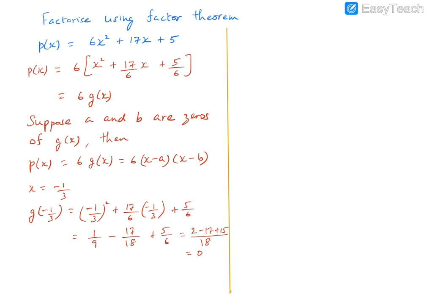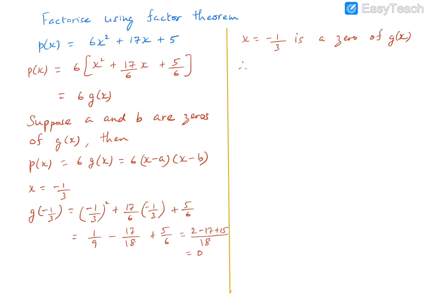So therefore x equal to minus 1 by 3, minus 1 over 3, is 0 of g of x.